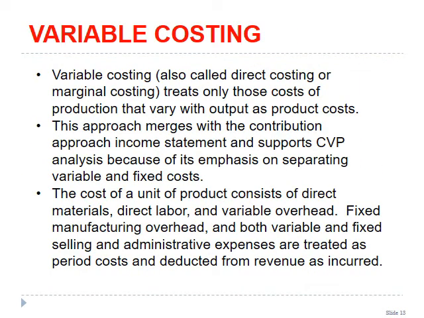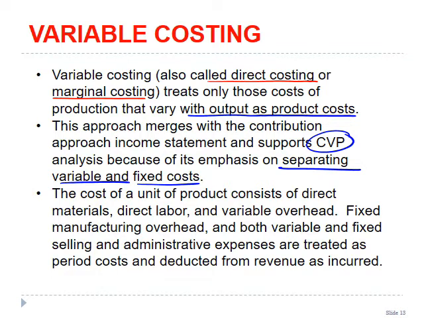Right? So let's move towards the other, that is variable costing, which we also call direct costing or marginal costing. It treats only those costs of production that vary with the output as product cost. This approach basically merges with the contribution margin income statement, and it supports our CVP analysis because of its emphasis on separating variable and fixed cost.